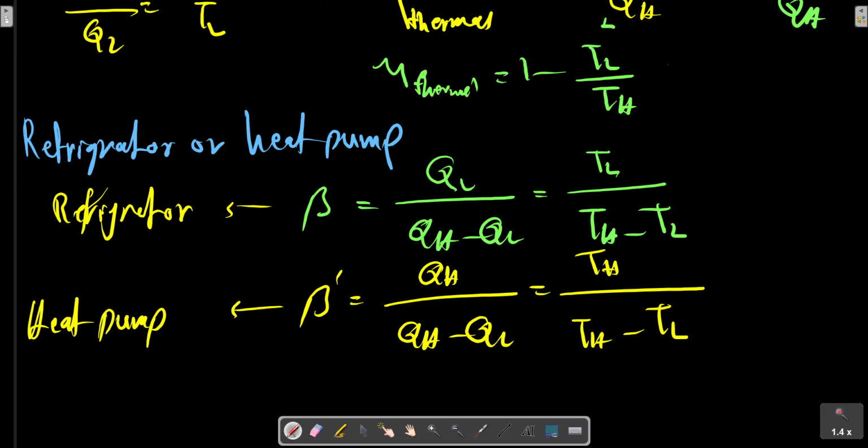We have three efficiencies: heat engine, refrigerator, and heat pump.